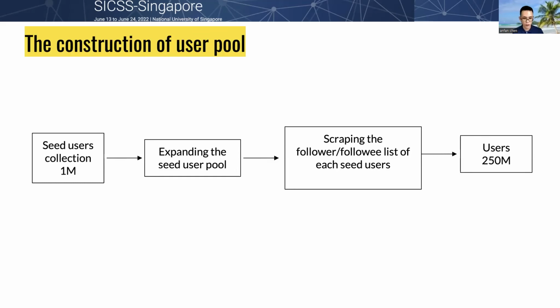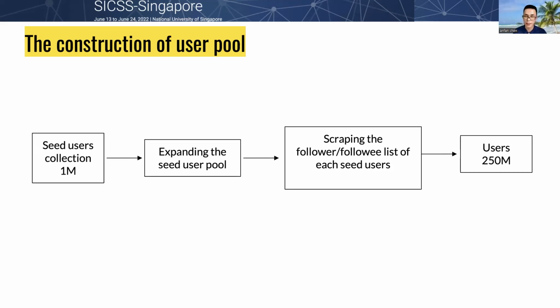And here I want to make the process more transparent and specific. I want to demonstrate the process of constructing the massive user pool. In my practice, the first thing is I generated 1 million seed users, which were collected by my previous project on Weibo. And what we want to do is expand the seed user pool to 250 million.